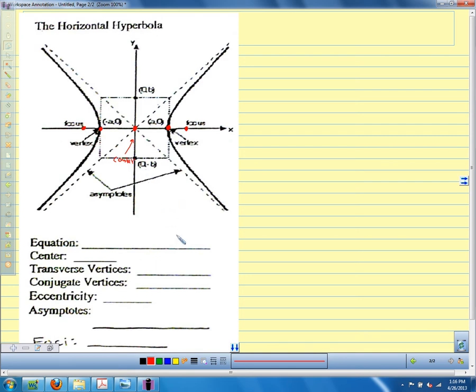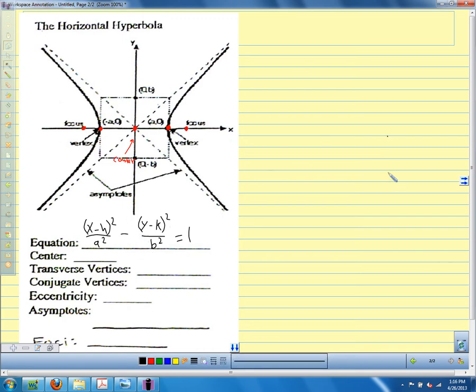For a horizontal hyperbola, our equation for a horizontal hyperbola is (x minus h) squared over a squared minus (y minus k) squared over b squared equals 1.